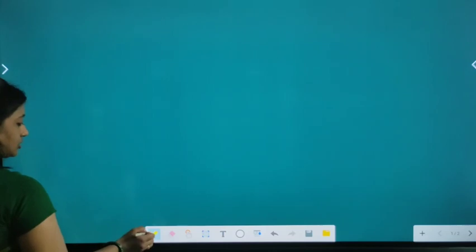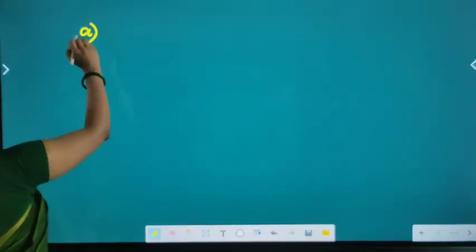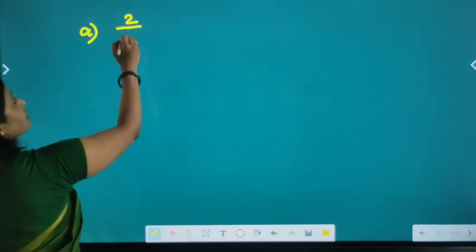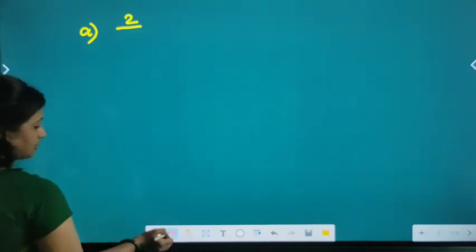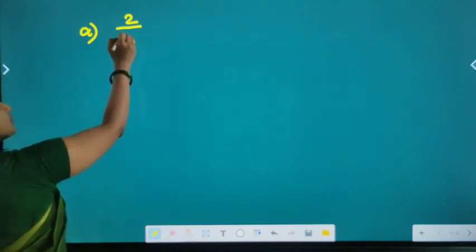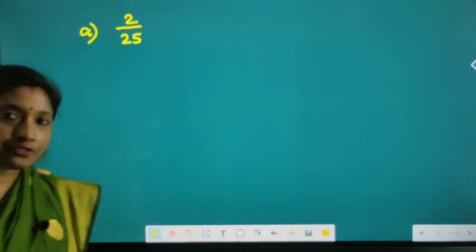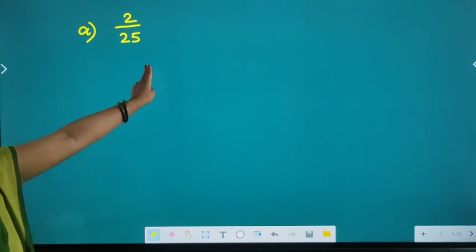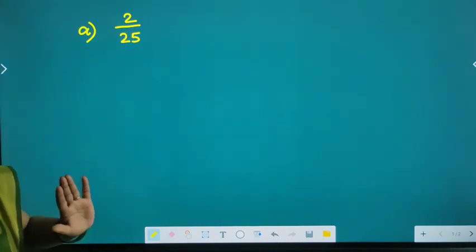Suppose I have given you here 2 by 25. Without actual division, you have to tell whether the decimal representation of this rational number is terminating or non-terminating.